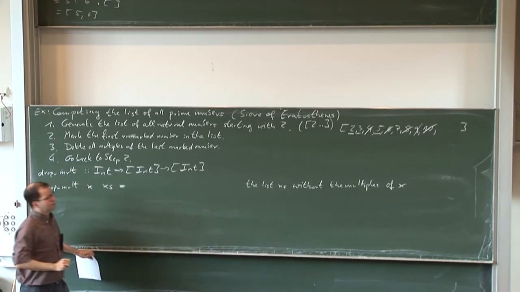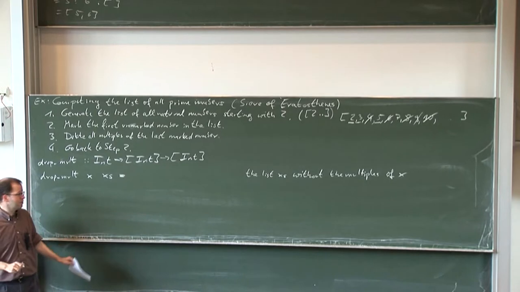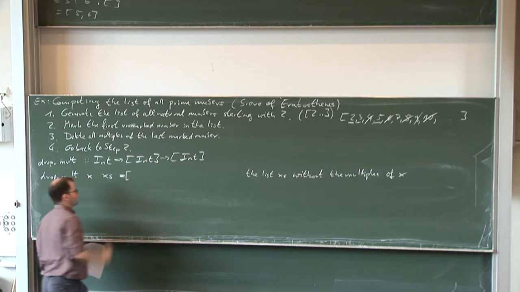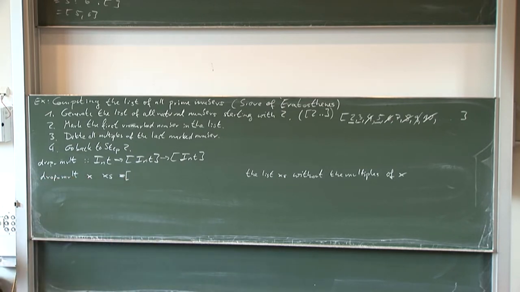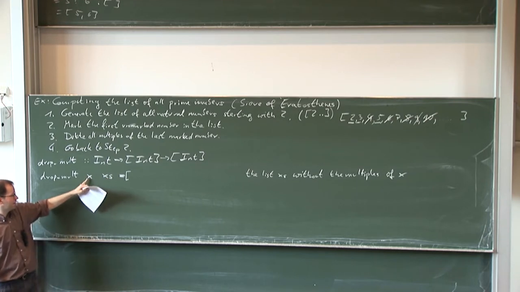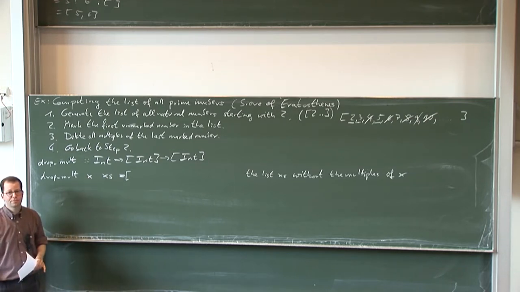Now, how can we define this in a very short way, preferably in just one line? Luckily we have list comprehensions, so this helps us to do this in a very simple way. So basically we want all elements of xs, but not those where x divides the element.